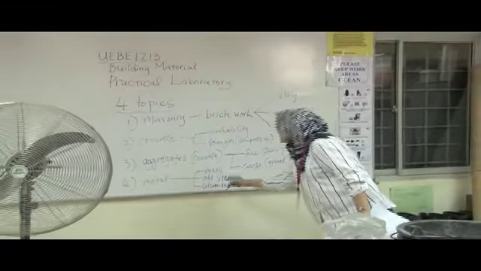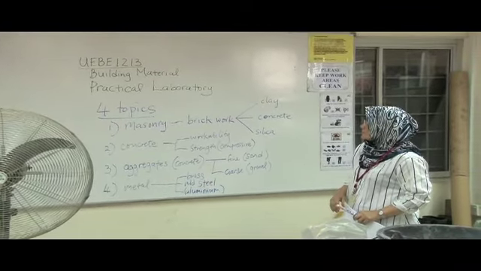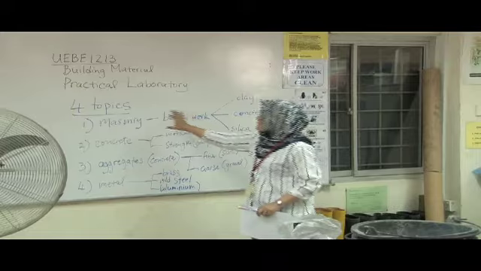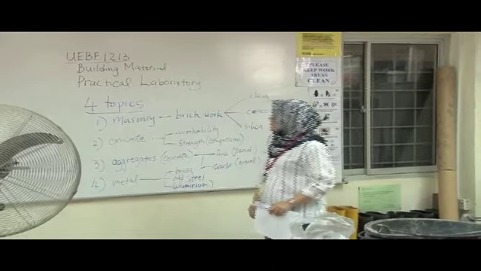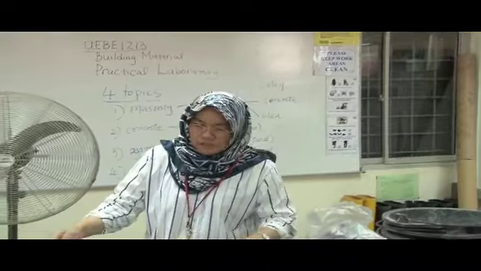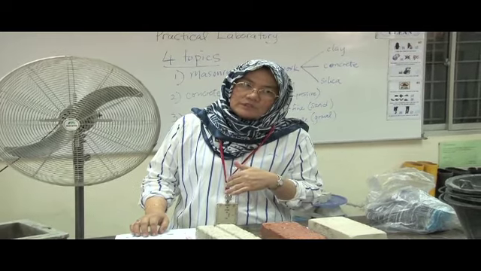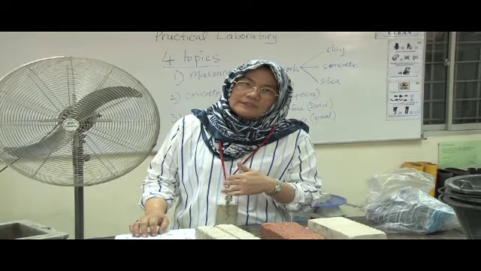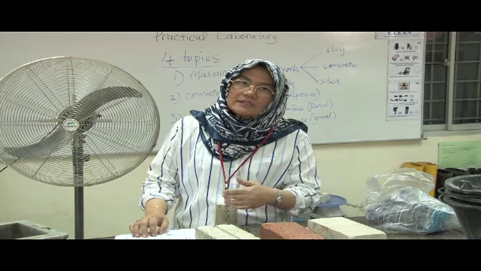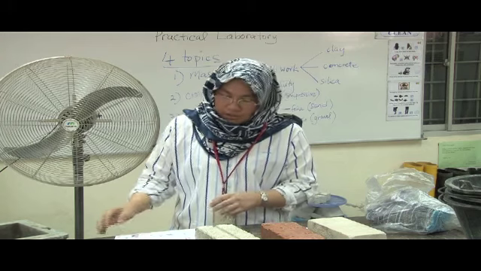I will not promise you that we'll be looking at aluminium, but probably if we have time to look at it. So you'll be covering 4 materials. Now I need you to make sure that you have covered the materials, the manual given, before you actually come into the laboratory.